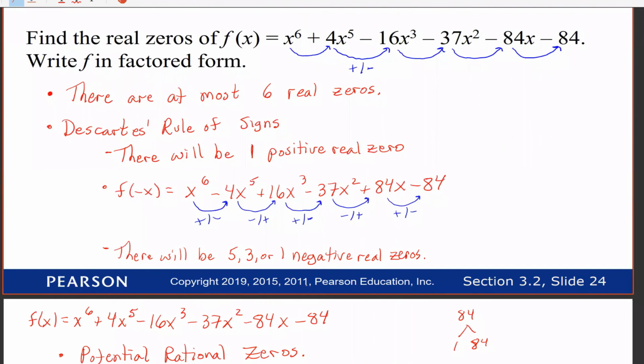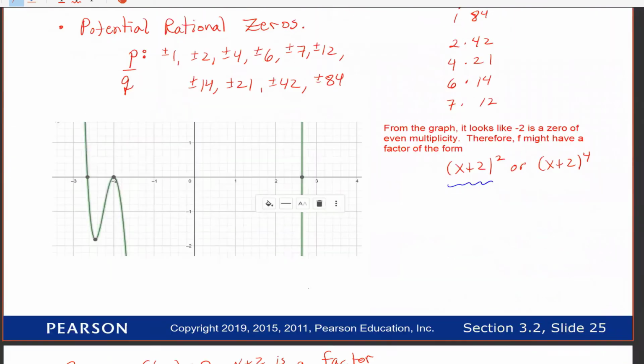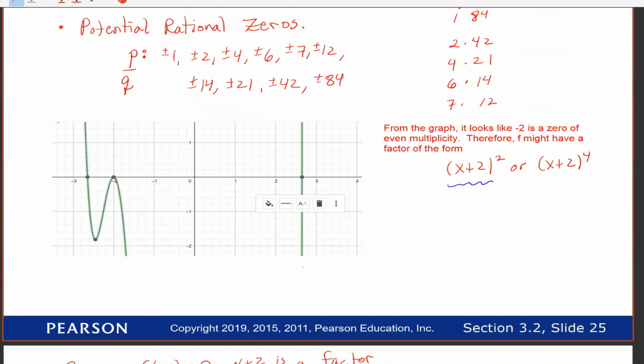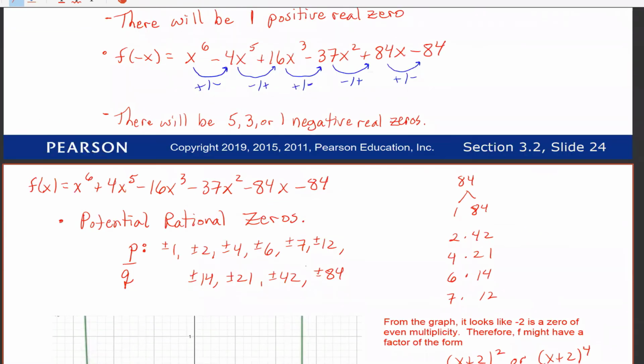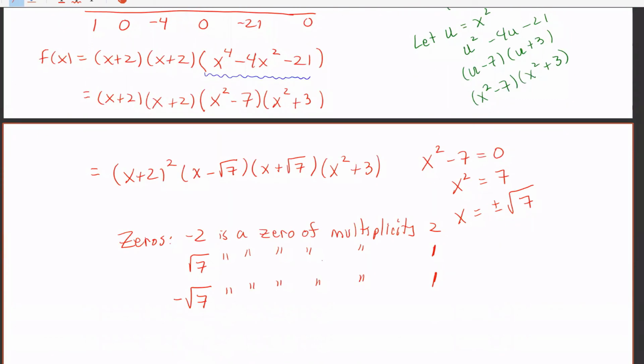There are at most 6 real zeros. I only found 4. There will be 1 positive real 0. I have 1 positive real 0, square root of 7. There will be 5, 3, or 1 negative real zeros. I technically have 3 negative real zeros. The negative 2 is a 0 twice, and the negative square root of 7 is a 0, so that's 3.